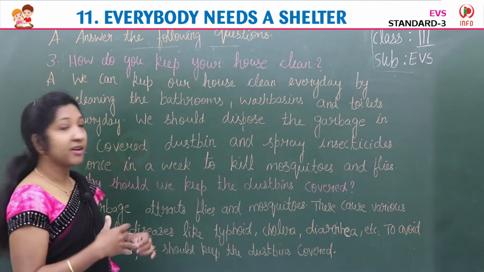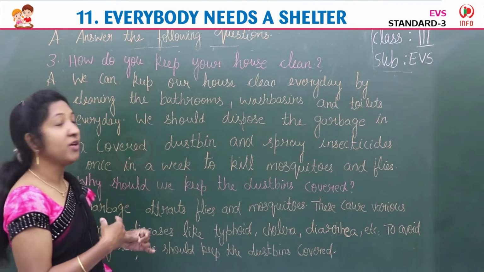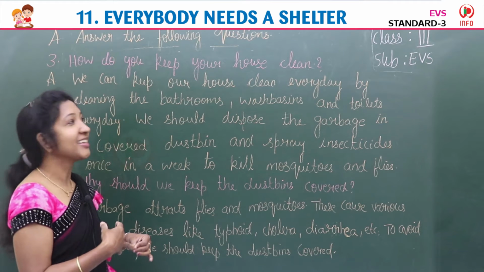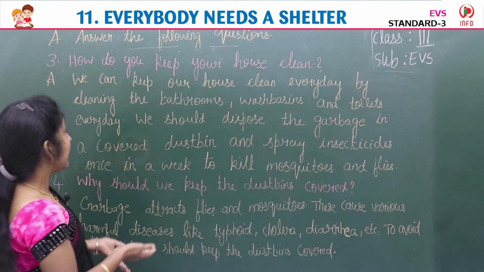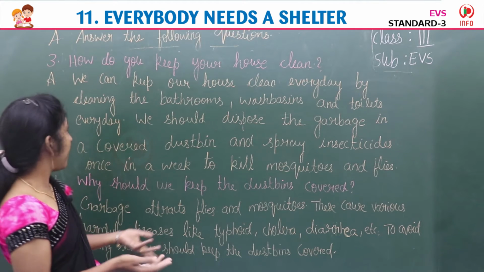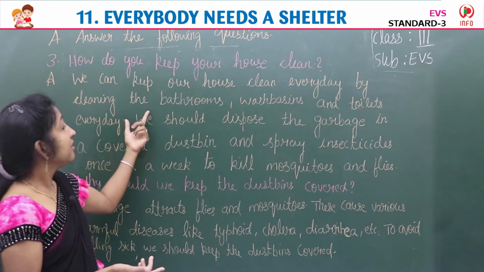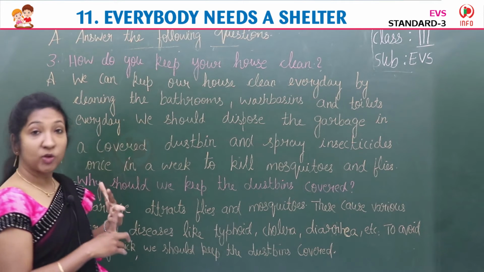Yes children, read the question. What is the question? How do you keep your house clean? We can keep our house clean every day by cleaning the bathrooms, wash basins and toilets every day.